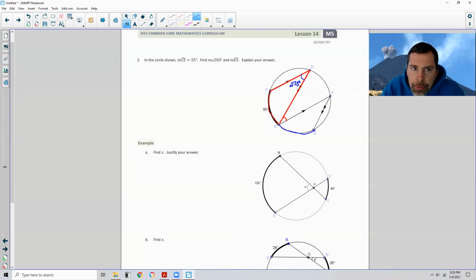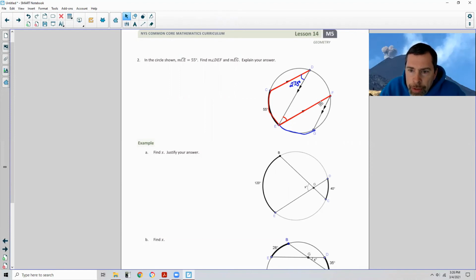Now let me erase these red lines. Actually not erase, let me move this down like this now. So these two red lines, as you can see, there are arrows on them. That means they are parallel. And so therefore DE, segment DE, is a transversal.